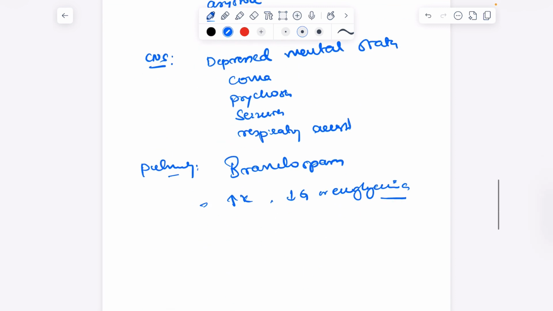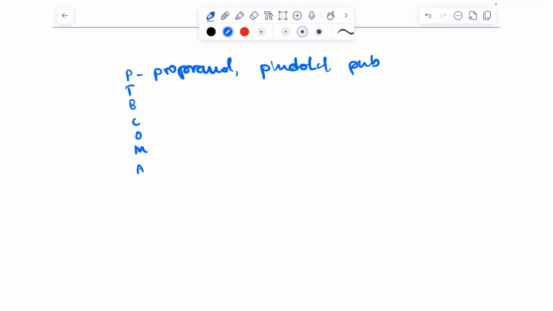I'll mention here the highly lipid soluble substances, which you can remember with the help of this mnemonic: PTB coma. They cause coma, no? P means propranolol, P means pindolol, penbutolol.